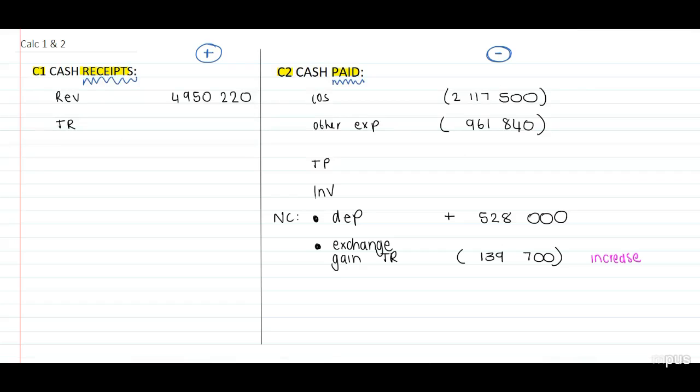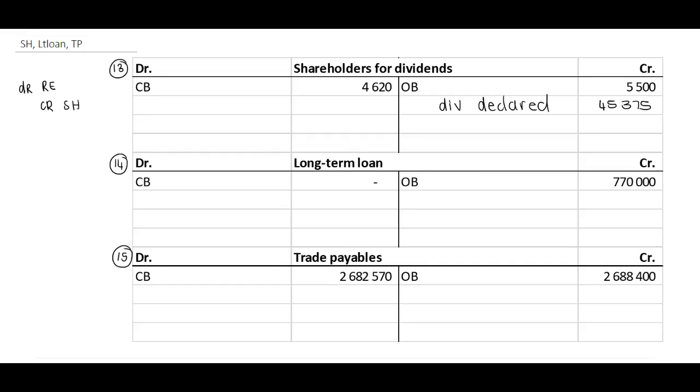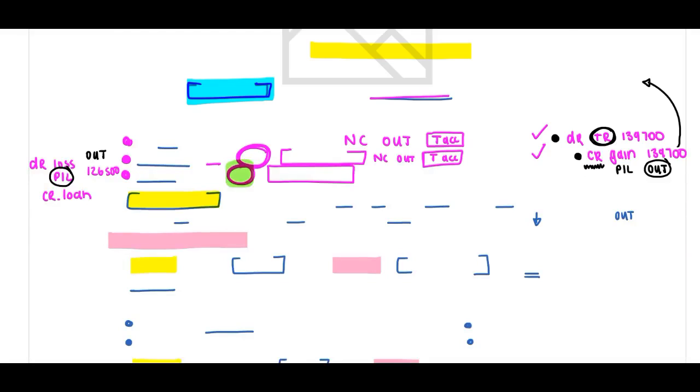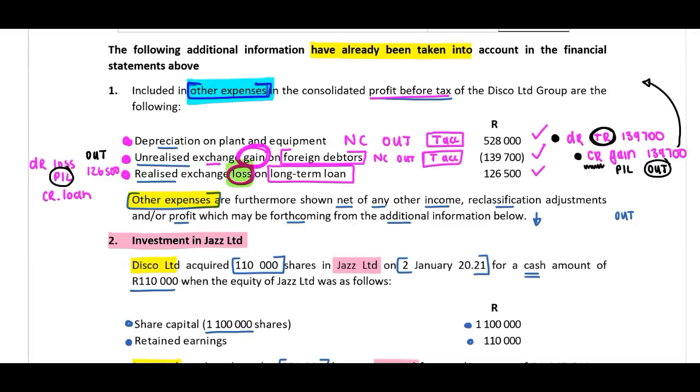Therefore, add back our exchange in terms of our loan, plus we add it back, and this is 126,500. And then in terms of our loan account, this should be included on the credit side. This is our exchange, 126,500. And we are able to tick off the amount.